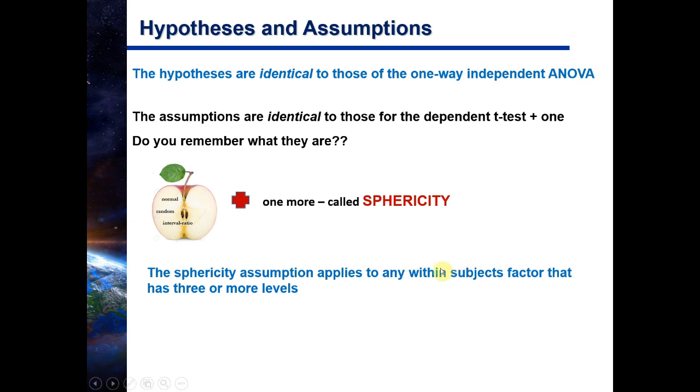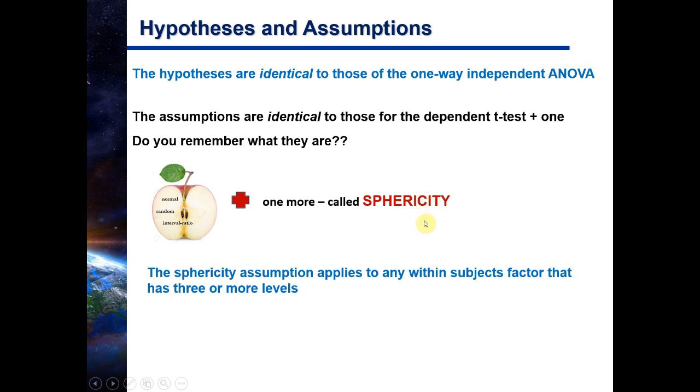So sphericity does not get tested for the dependent t-test, but if you're running a one-way repeated ANOVA, regardless of whether it was within subjects or a matched design, you will need to test for sphericity.